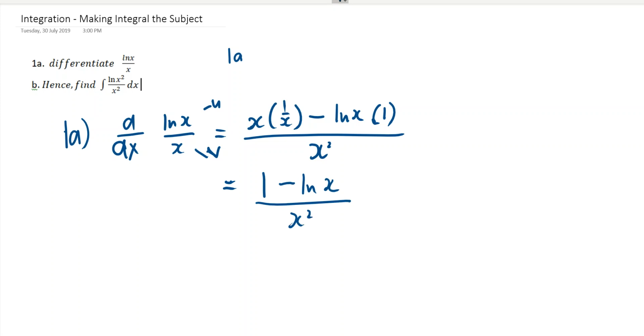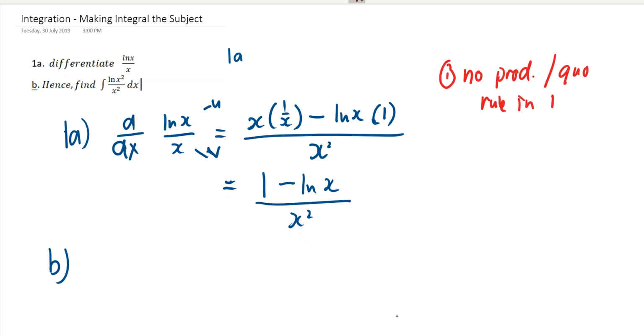Okay, so the second part, hence find this. This is the integral that they want you to know. So remember, the first concept is there is no product rule or quotient rule in integration. No, there isn't any.